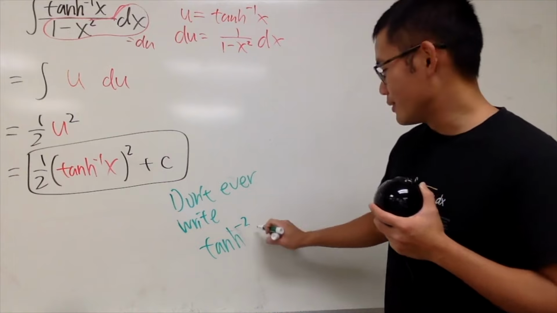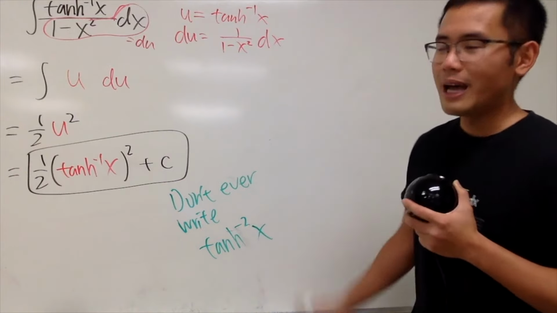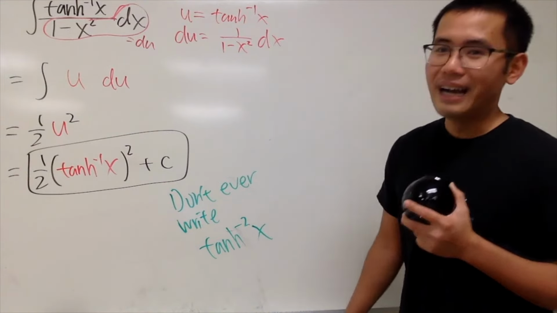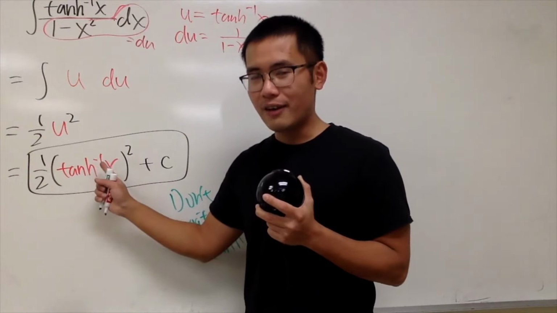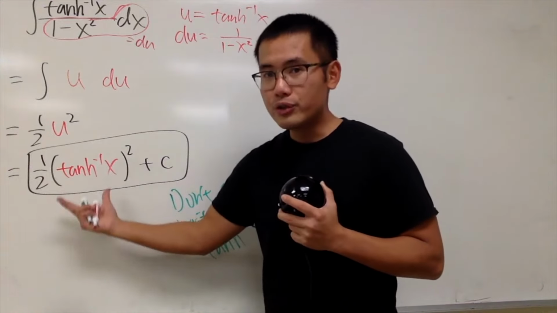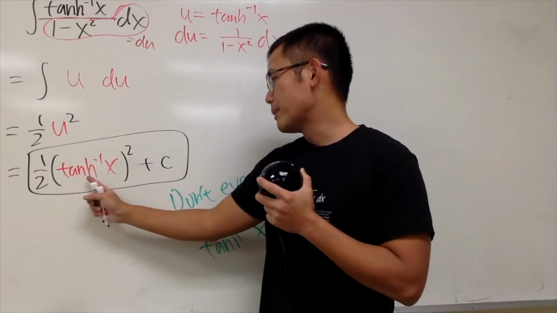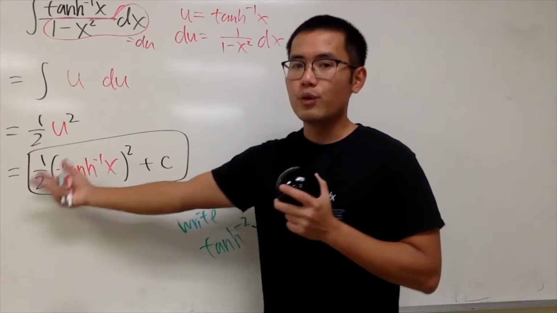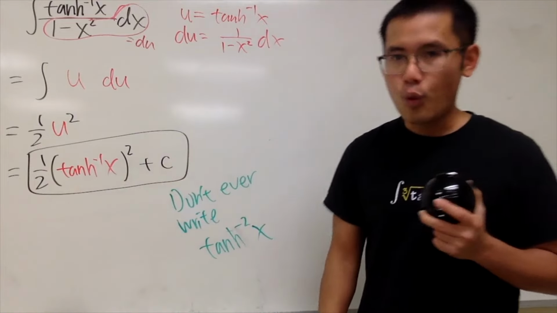Don't ever do that, because that will be extremely confusing. I know this inverse notation is confusing enough already. Don't ever do that, right? So be sure you use the parentheses and just say inverse hyperbolic tangent of x squared, and of course the 1/2, and of course the constant, and of course we are done.